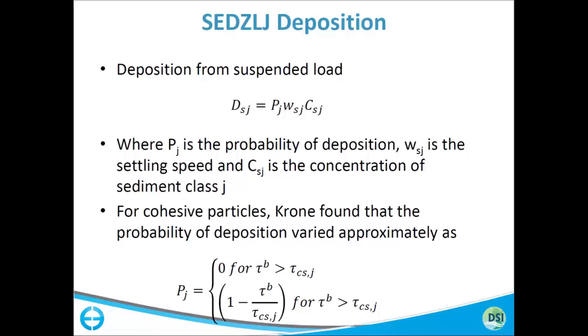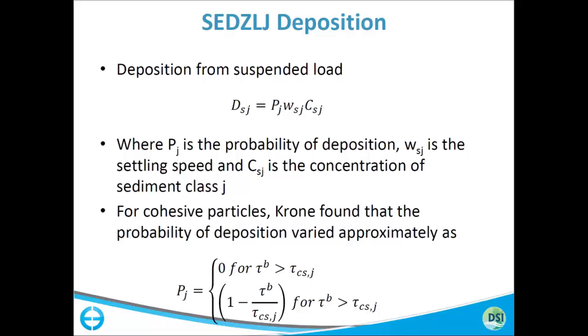Conversely, if it's actually that has a greater than, that's another little bug right there. That's supposed to be less than. But you have a linear relationship here between your critical shear stress of deposition here and your applied stress here. So, and I'll show you a plot here in just a minute.